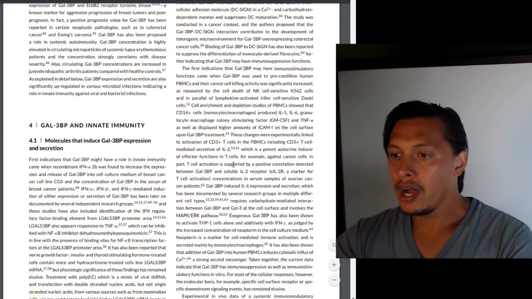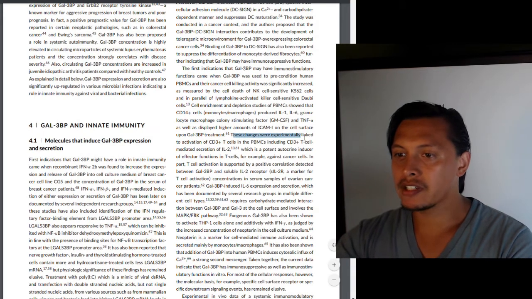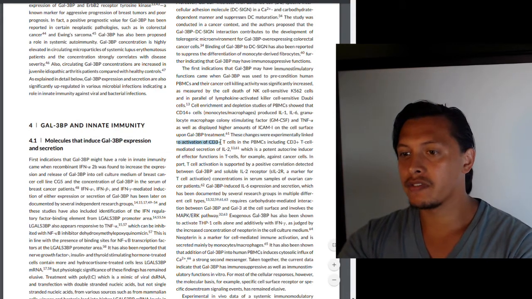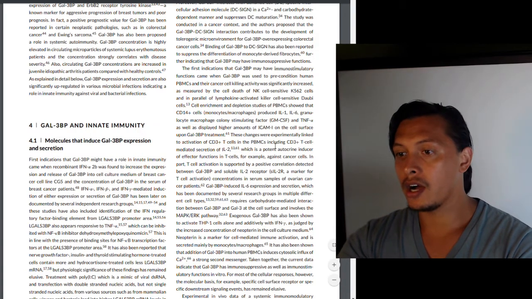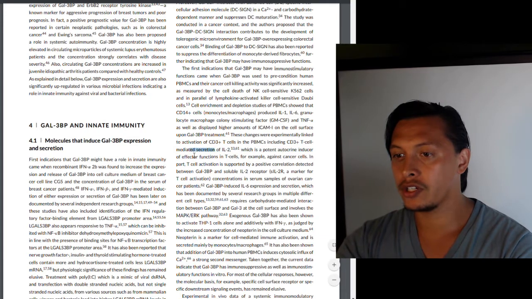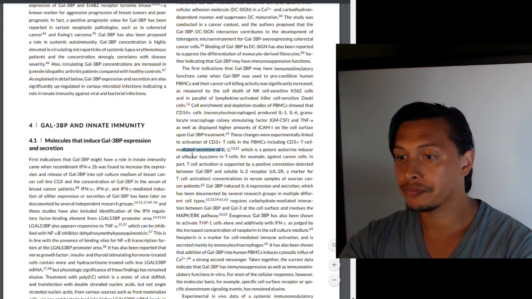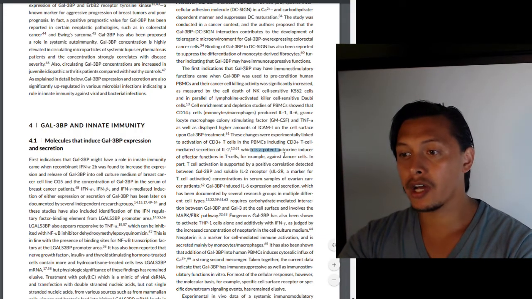These changes were experimentally linked to activation of the CD3 positive T cells in these PBMCs, including CD3 positive T cell mediated secretion of interleukin-2. This is a potent autocrine inducer of effector functions in T cells.